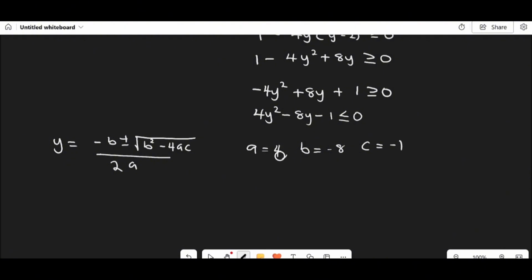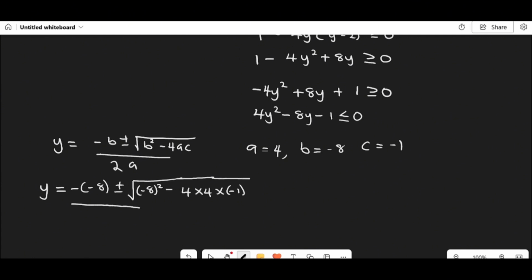Now let us substitute these values into this equation. y equals minus bracket minus 8 plus or minus root minus 8 squared minus 4 multiplied by 4 multiplied by minus 1, all over 2 multiplied by 4.